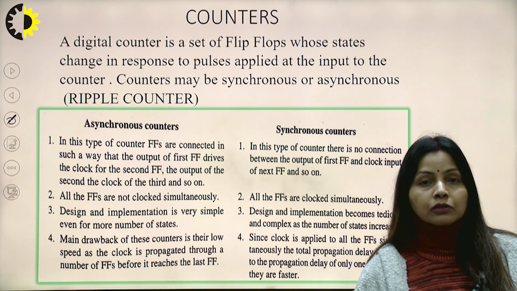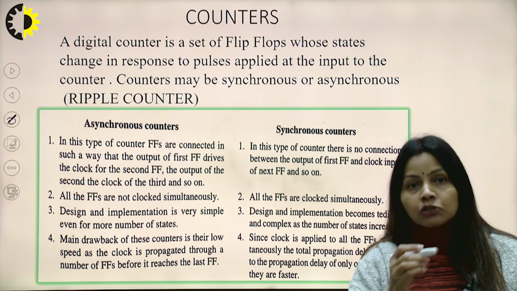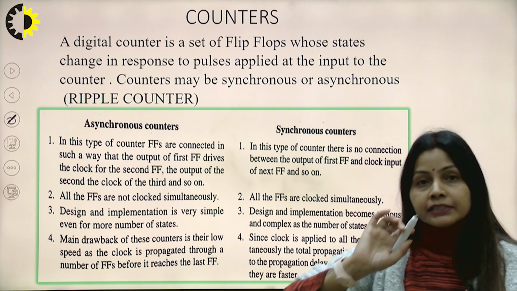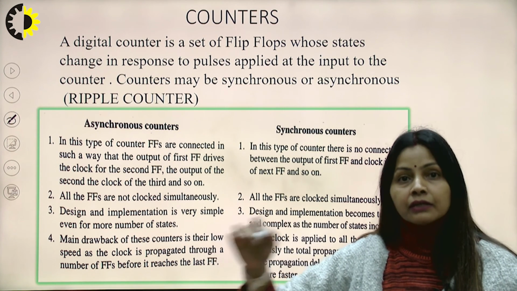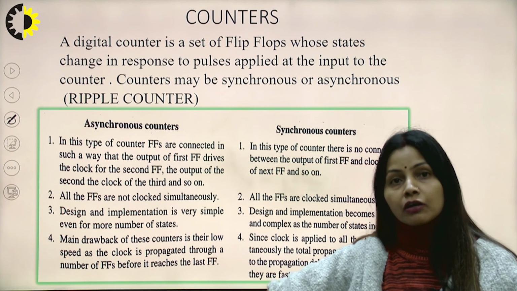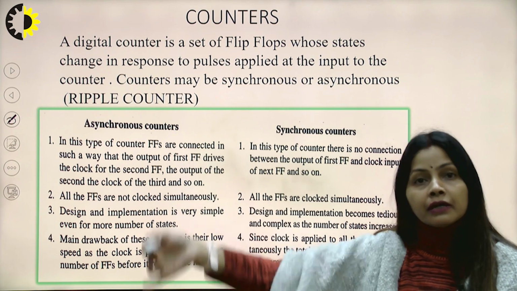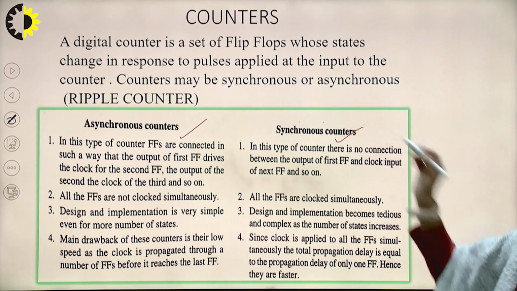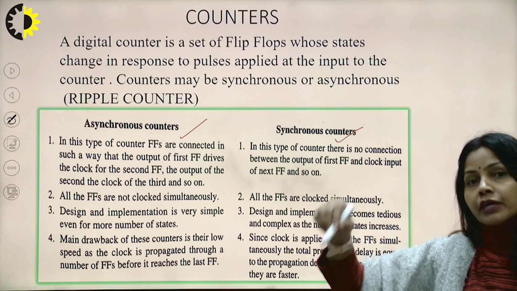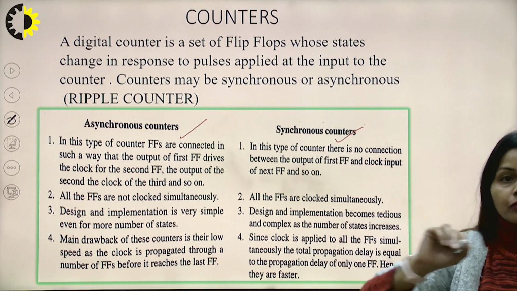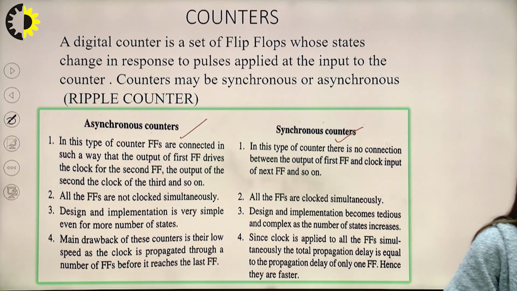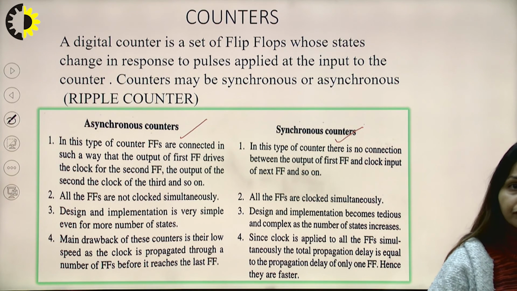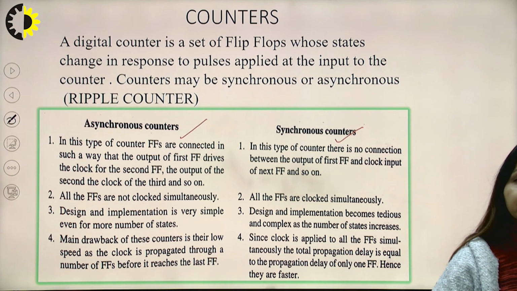So in an asynchronous counter, flip-flops are connected serially, one by one. The output is connected to the clock pulse of the next flip-flop, and so on. That is the case for an asynchronous counter, and in the synchronous counter, the same clock is given to all the flip-flops. So what we can say is, an asynchronous counter can also be known as a ripple counter.